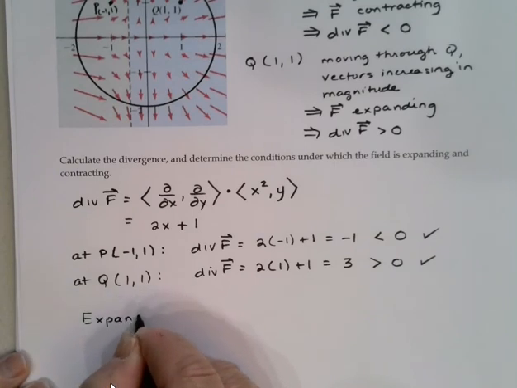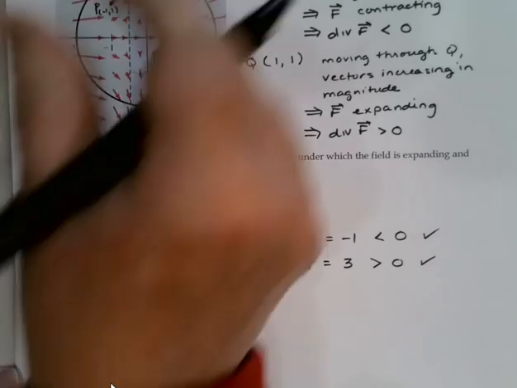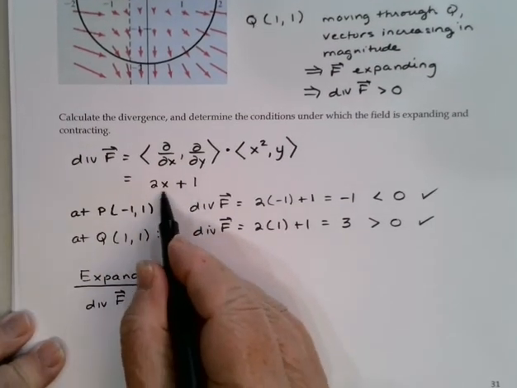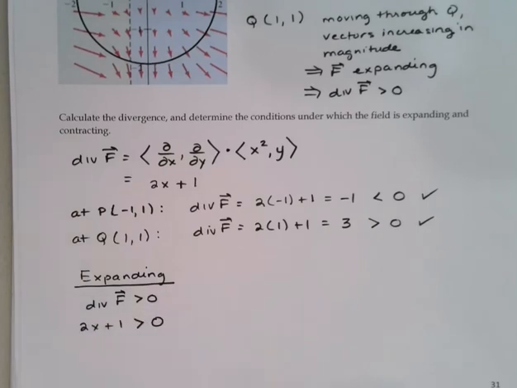So we know the field should be expanding when the divergence is positive. Divergence we already calculated was 2x plus 1. So the condition for expanding is that 2x plus 1 is greater than 0.